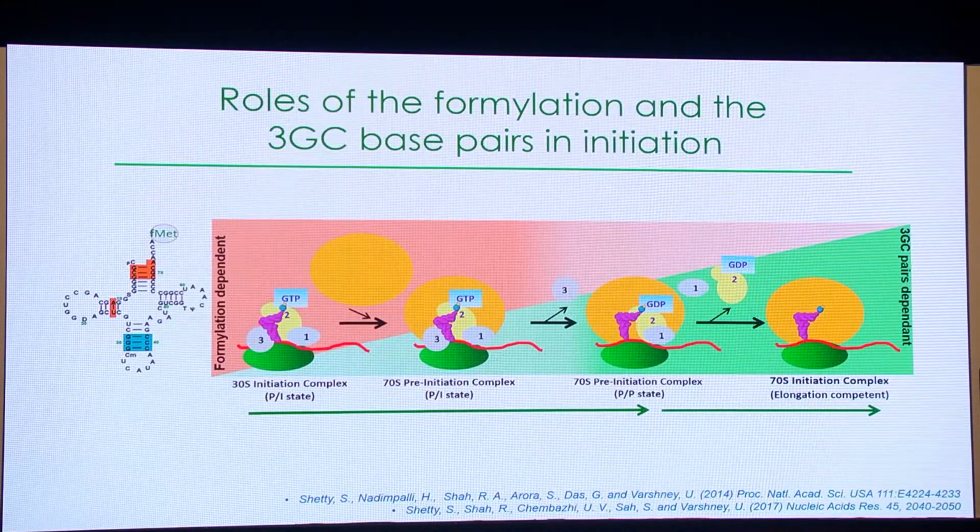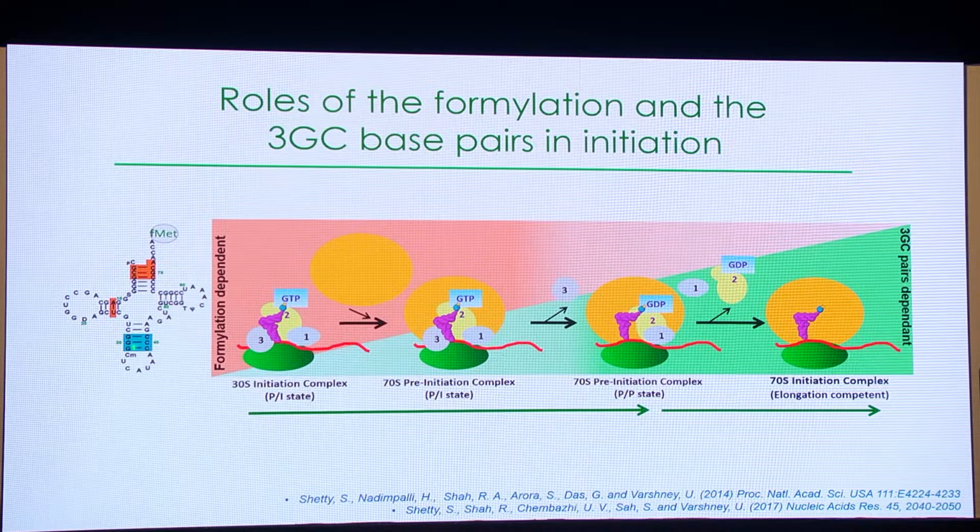Using those strains, we've done quite a bit of work, and the 2 things that I can tell you based on that work are these. The formylation of the tRNA is very crucial for the initial targeting of the tRNA onto the 30S subunit. Its contribution in the subsequent steps of initiation is not very much.